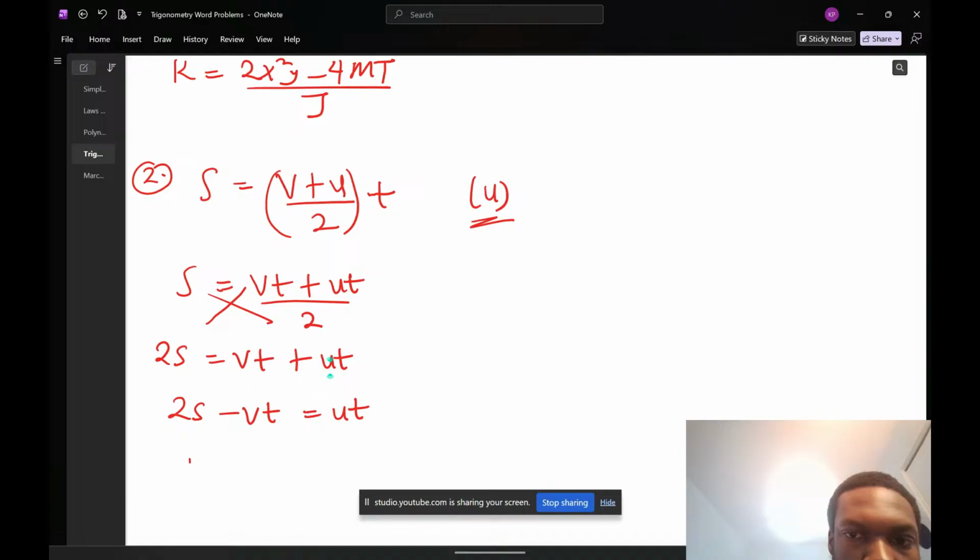So u will be equals, now whenever we have 2x equals to 10, x will be equals to 10 divided by 2. So the term that is always beside the one we are making subject of formula will at the end of the day always be the denominator, and this will be the numerator.